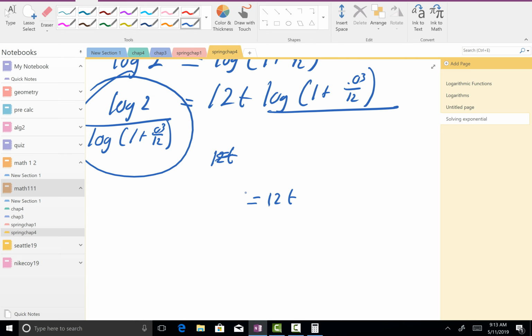So what is it if it's 3%? Okay, and we'll divide it by 12. What does that turn out to be?